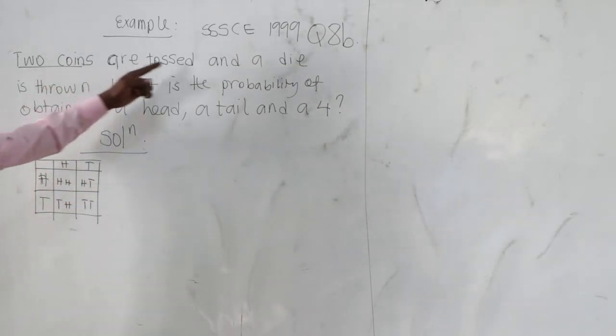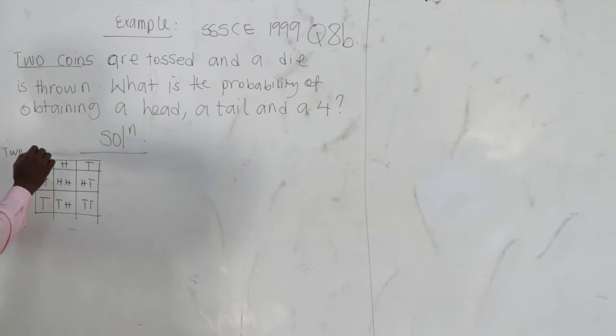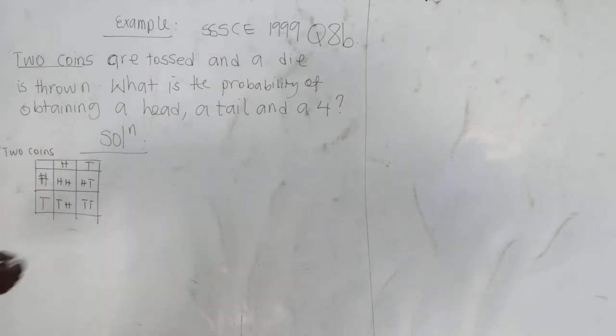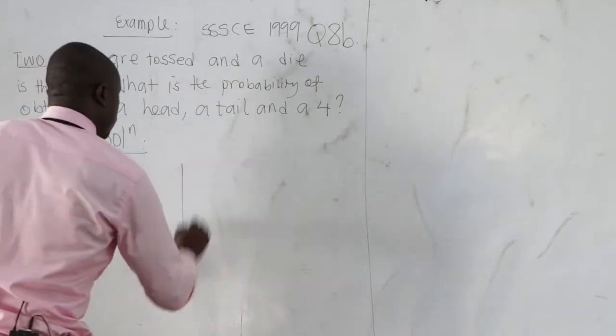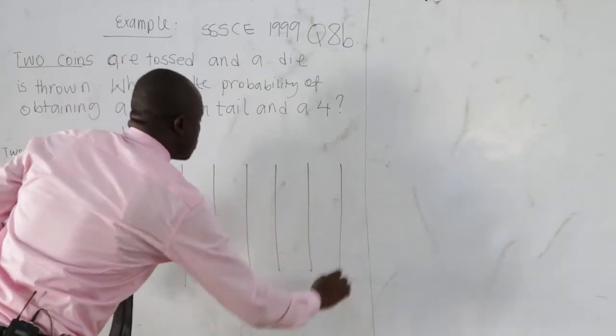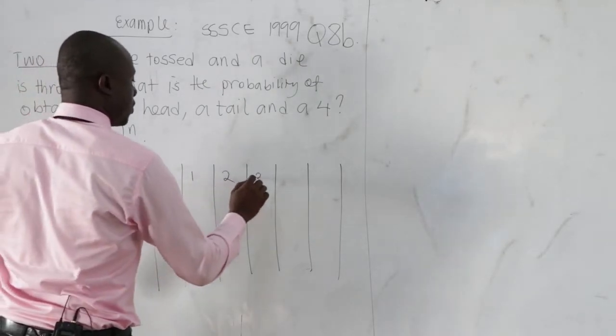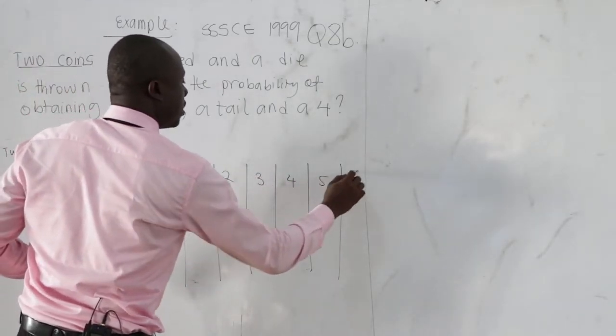Now 2 coins are tossed and a die is thrown. So this is for the 2 coins. Now 2 coins and the die. We know that for a die we have 6 outcomes: 1, 2, 3, 4, 5, 6.